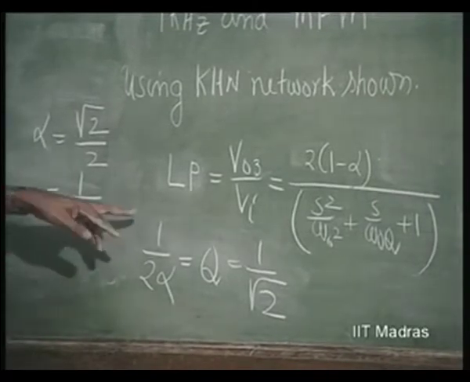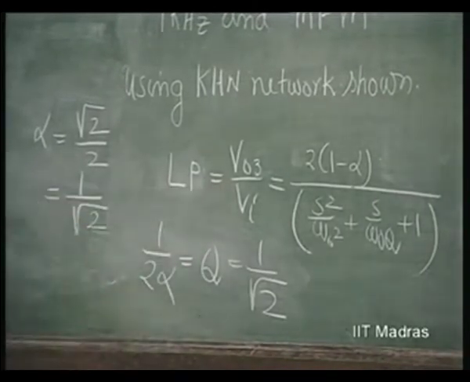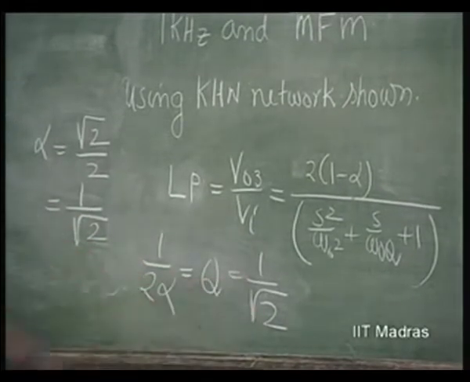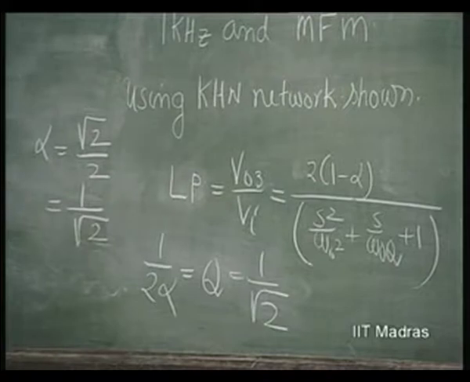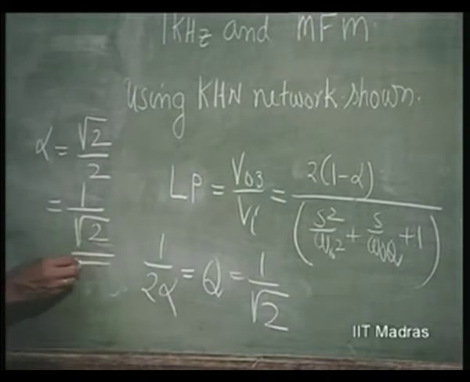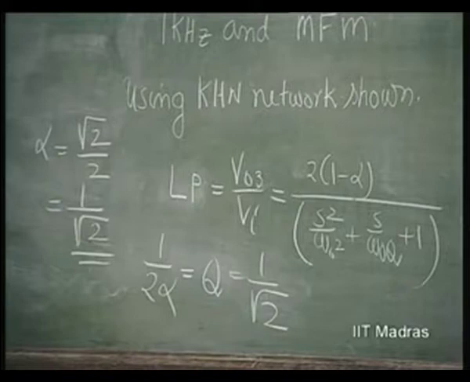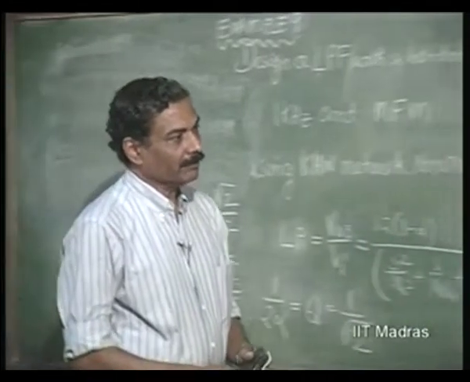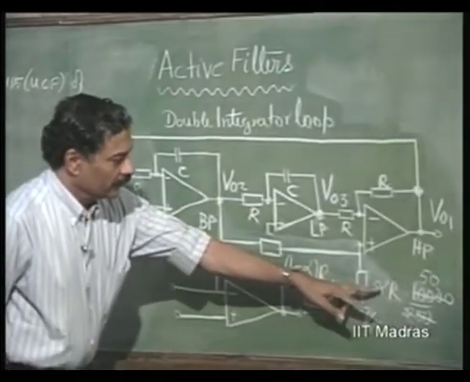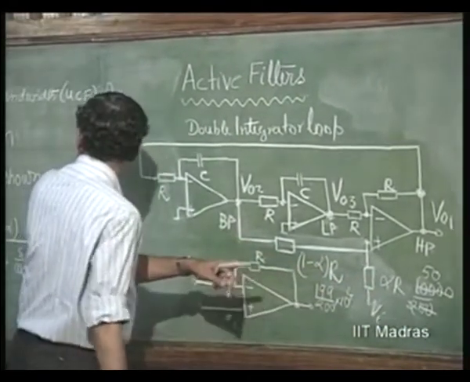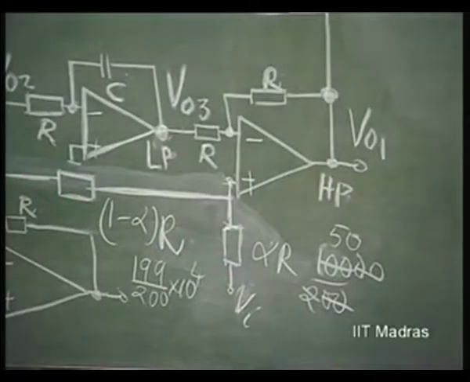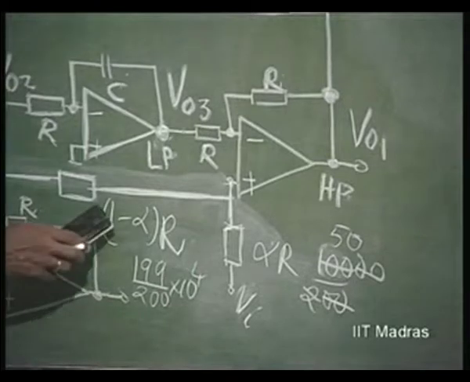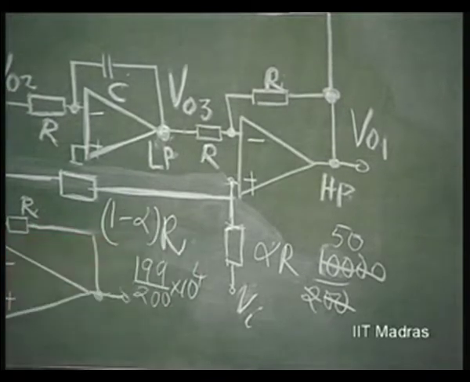That is, 1 over 2 alpha is the Q factor, and that is equal to 1 over root 2. So, 2 alpha is equal to root 2, alpha is equal to 1 over root 2. This can be designed, right. Resistance R by alpha is equal to root 2. So, R by root 2, this becomes 1 minus 1 by root 2 into R.